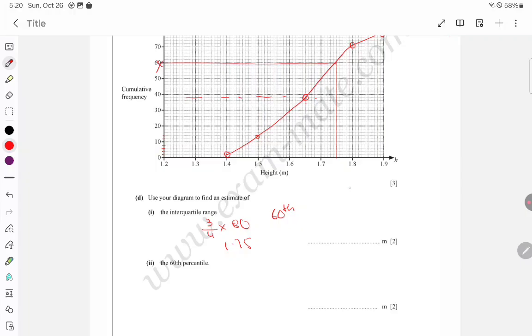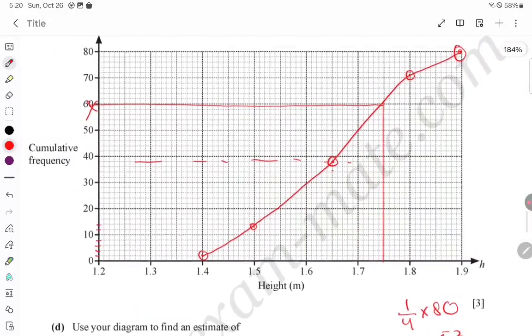For the lower quartile, we multiply the total number by 1 over 4, and we will get our answer of somewhere around 1.53.